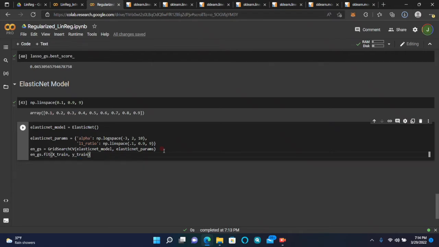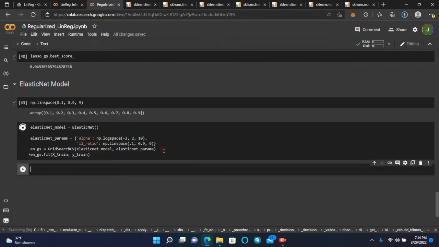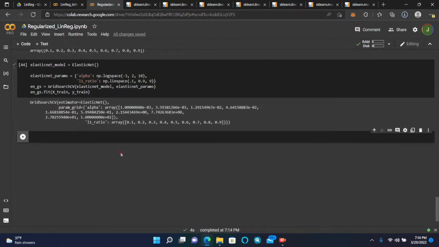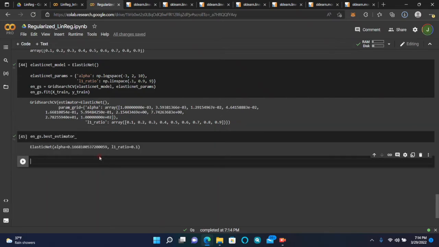Fit that to the training data. There we go, that didn't take too long. And let's see what the best parameters were.